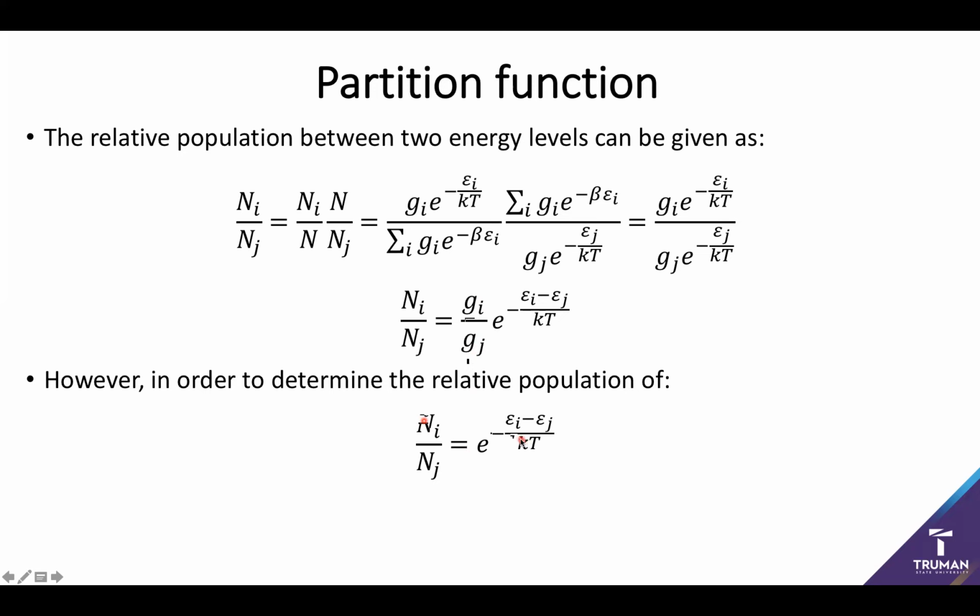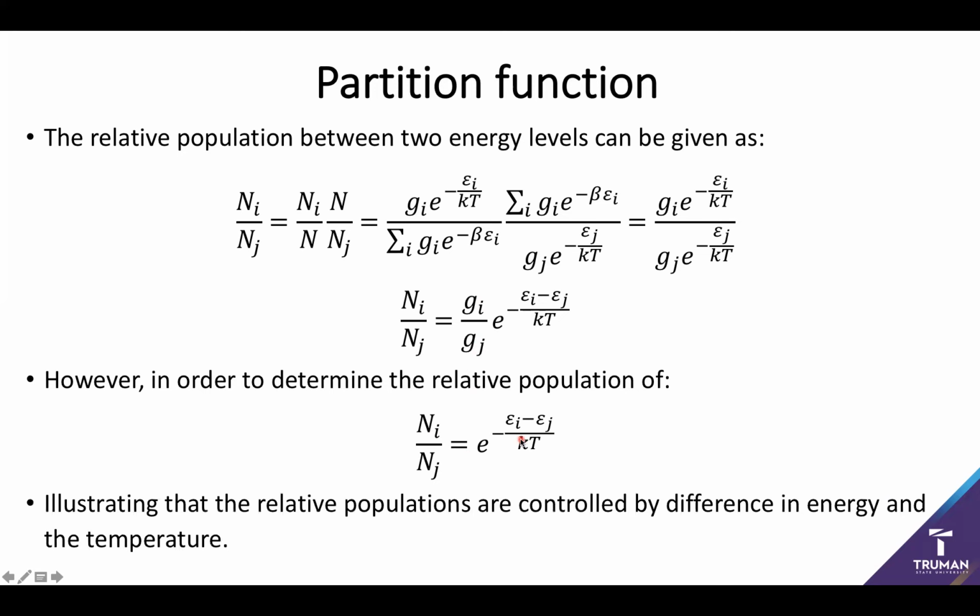Now, one of the biggest take-homes I really want to emphasize about this is that what's controlling the relative populations of species in any given energy levels or states is going to mostly be controlled by two key factors. The inherent stability of those states, as described by their energy levels, and the temperature of the system.